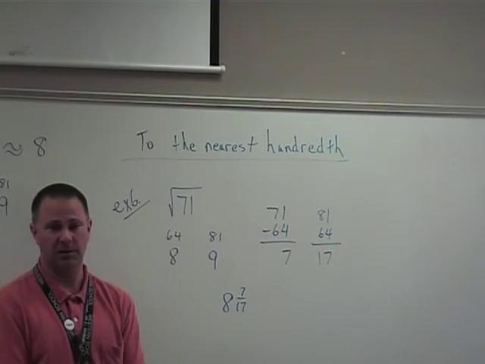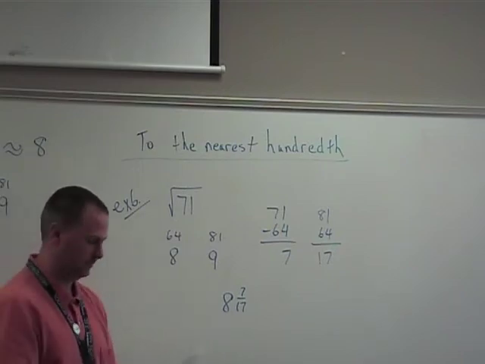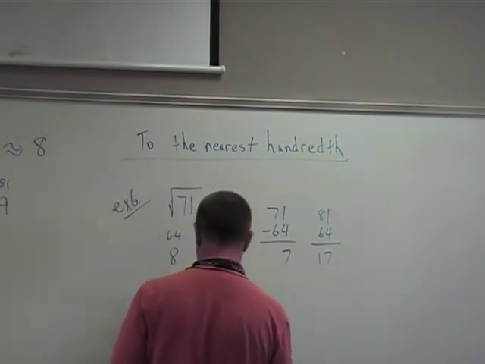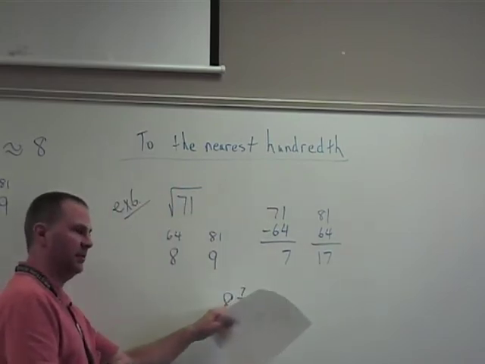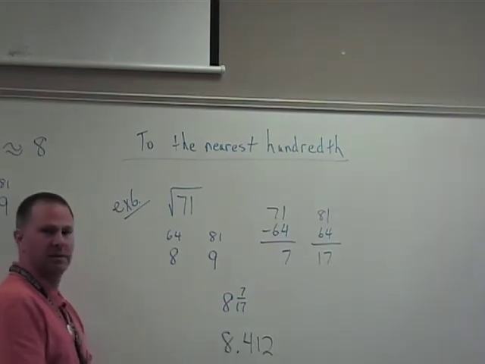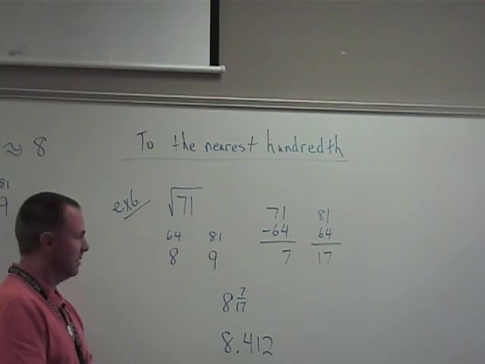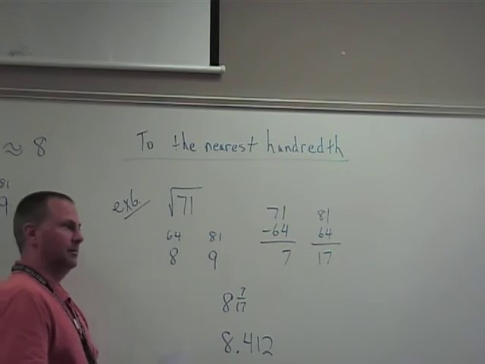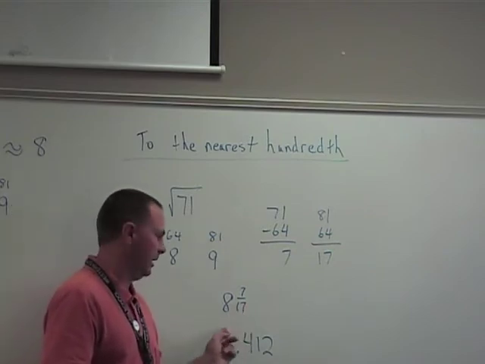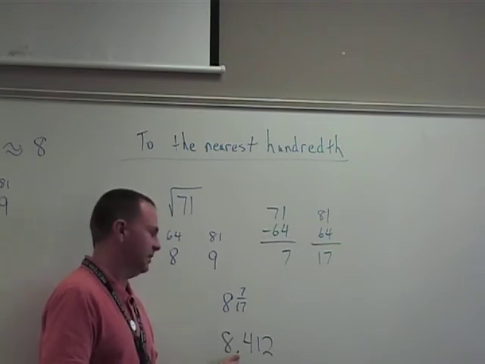What's your calculator say? 0.41176. I got 0.4117. 7 divided by 17 is 0.412.